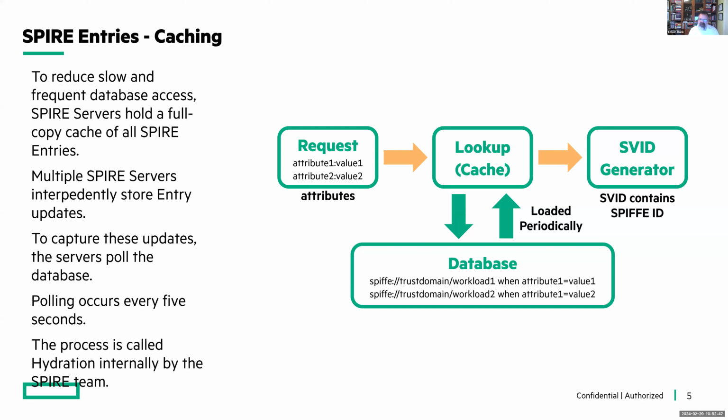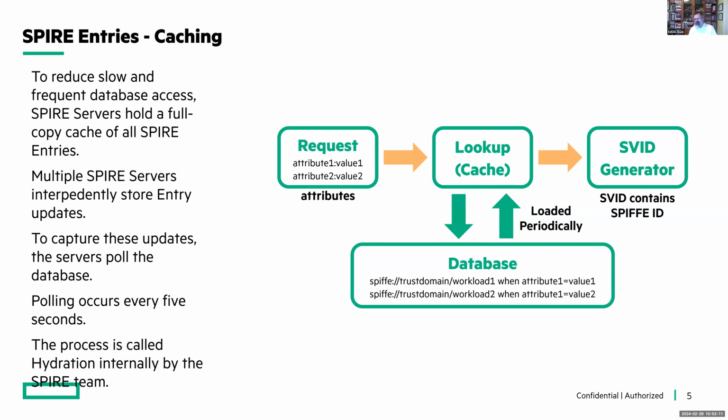This presents a problem that had been solved in the past through a full cache of all of the database entries. Because the database entries, which are normally stored in a relational database, would be pulled out so frequently, the SPIRE designers had basically decided to create an in-memory cache of all of the SPIRE entries.